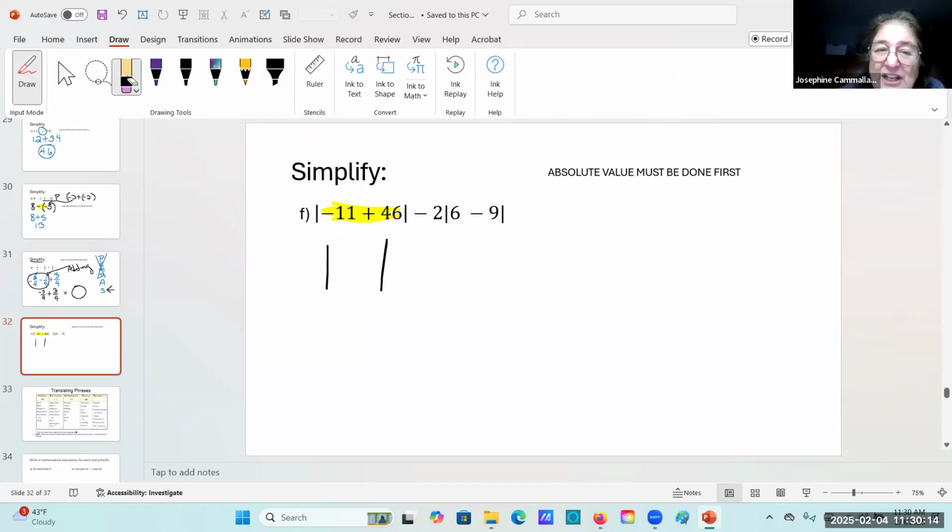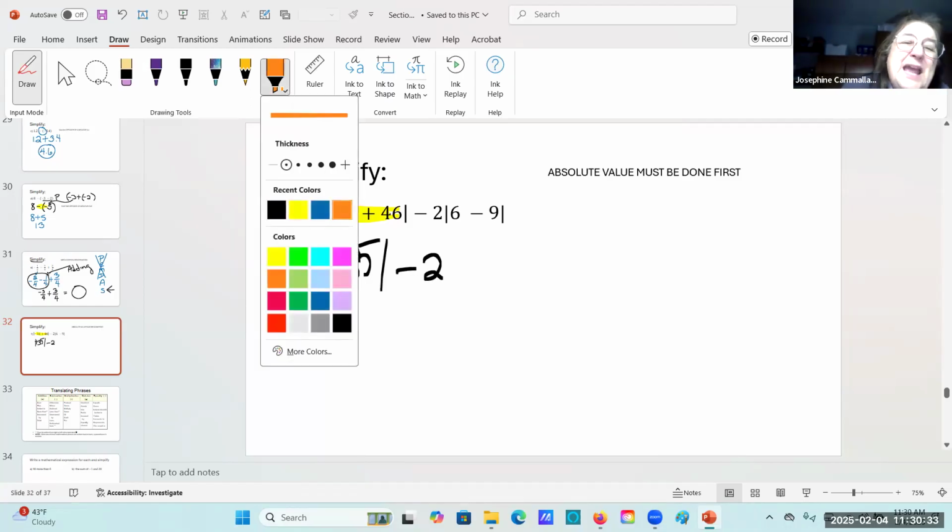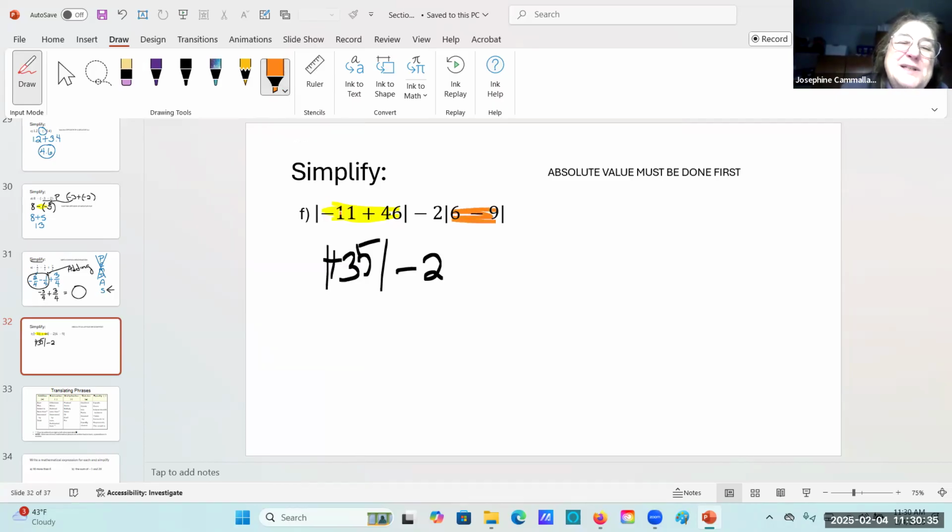A negative 11 and a positive 46 is going to give me a positive 35. Minus 2. Okay, I've got to do what's in here, which is going to give me a negative 3.